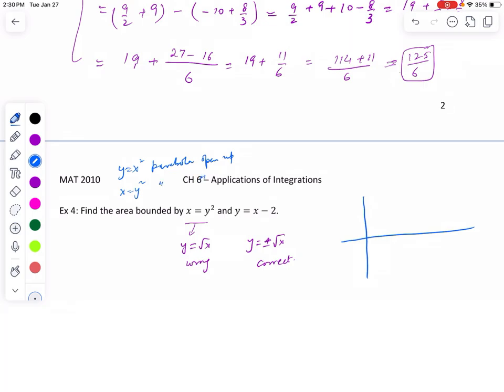So it's like this, passing through 0, 0 and opening out. This is x is equal to y squared. Also, you can think of it like this, that you are getting y is equal to plus minus square root of x. Square root of x looks like this, and minus square root of x looks like this. The same thing. So we have a parabola like this.